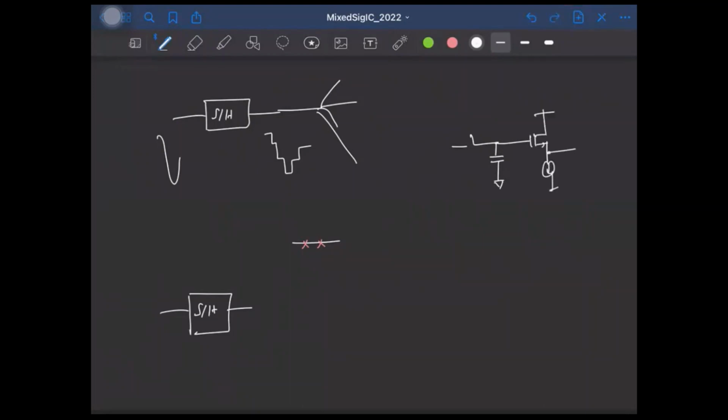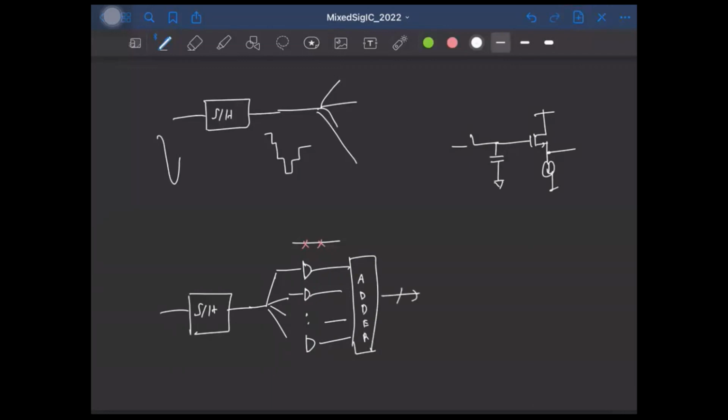The sample and hold output is given to the multiple comparators, and the comparator outputs, let me draw the comparator also, are then given to an adder, which is usually a Wallace tree adder, and that will give us the binary output.